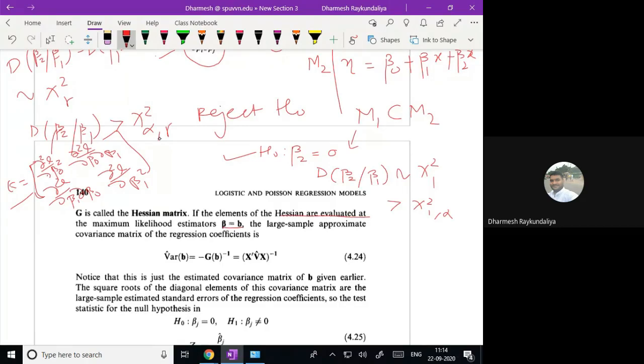For a large sample, the approximate covariance matrix of the regression coefficients is what we have already obtained: the variance of beta hat is X' W hat X inverse, using W instead of V. This is nothing but the inverse of the Hessian, multiplied by the minus sign, at the estimate of beta; we call it the variance of b.